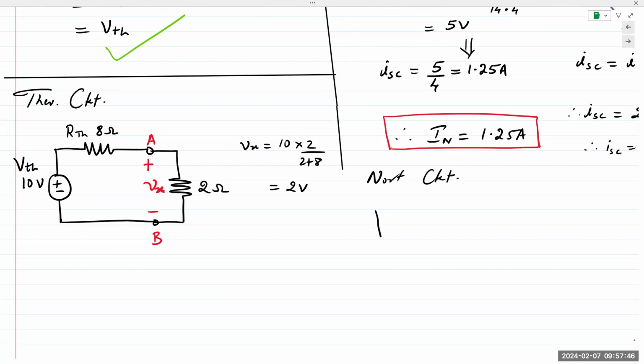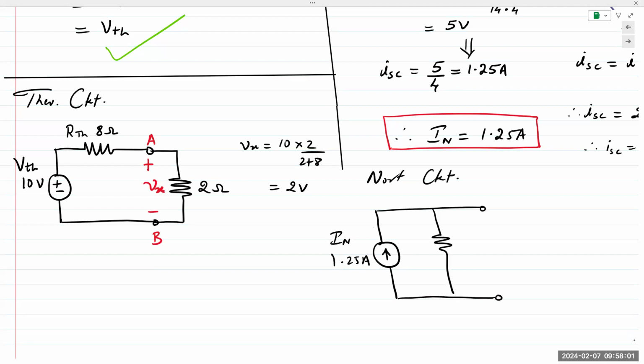Norton circuit should have the Norton current in parallel with that resistance, RTH, which was 8 ohms.